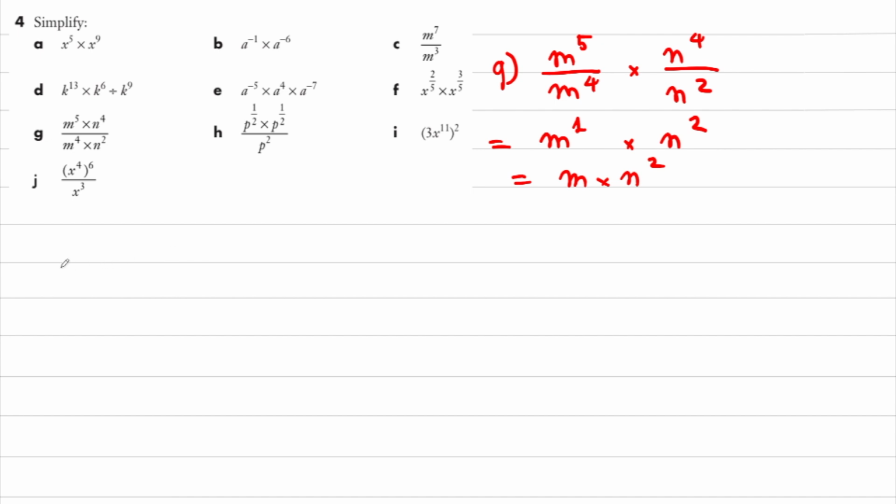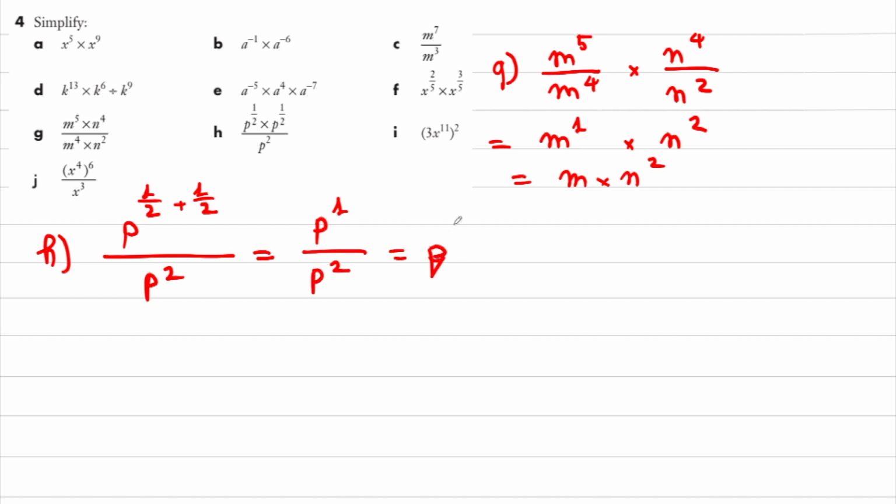About question H. In the first, you have p to the power of 1 over 2 plus 1 over 2 in the numerator, and here is p square. Now you get p to the power of 1 and p square, 1 minus 2 equals p to the power of minus 1, like here.